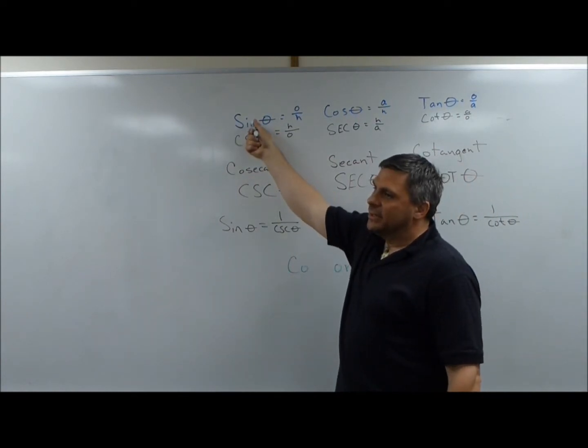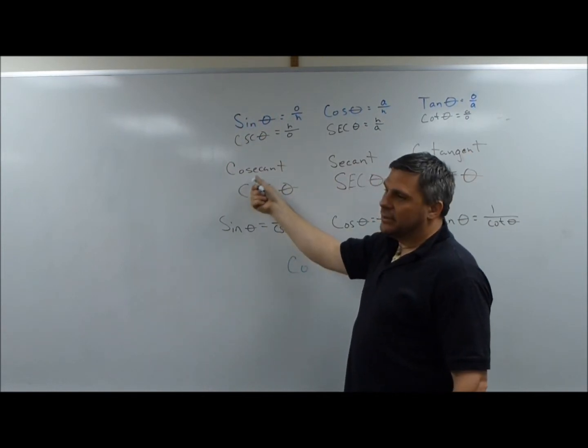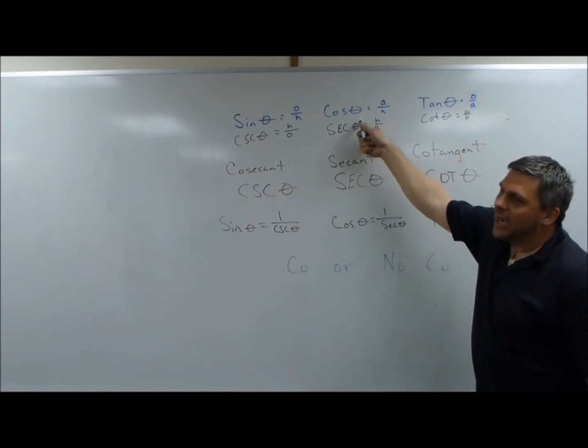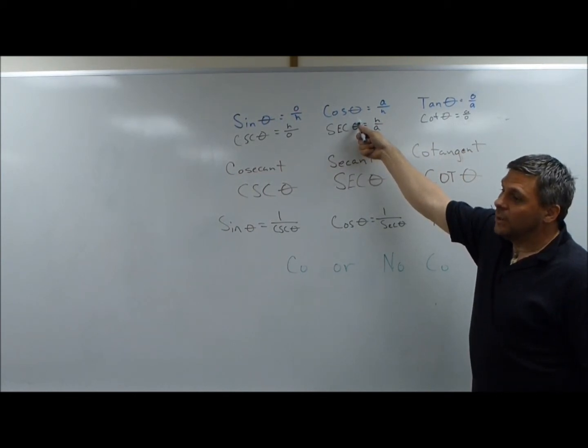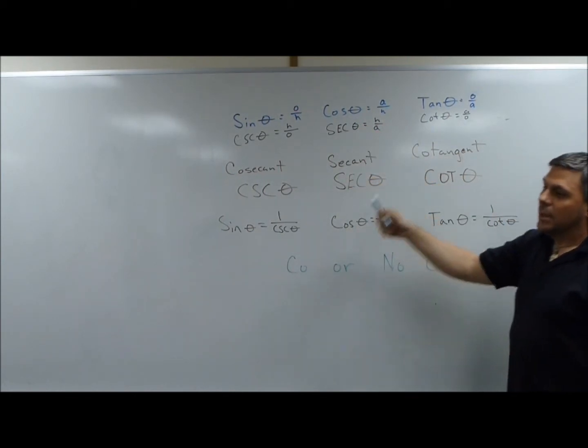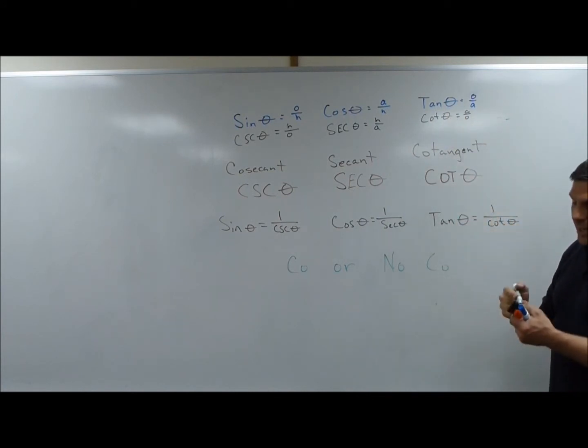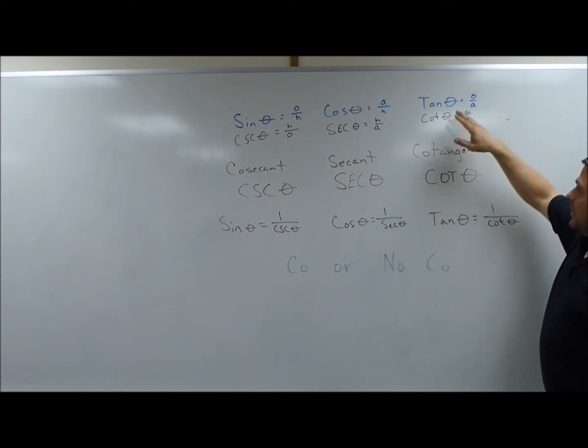With sine, there's a co that goes with it: cosecant. With cosine, there's a no co, which is secant. And with tangent, there's a co that goes with it, cotangent.